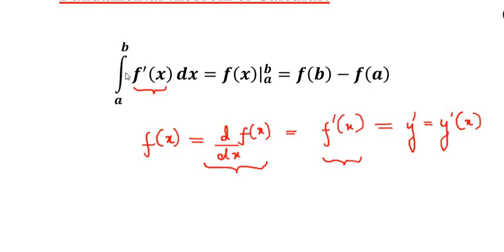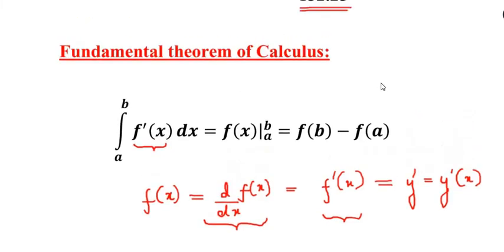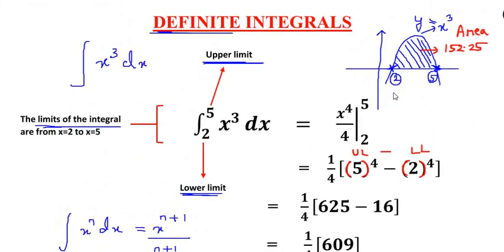So here it says that if we are integrating a differentiated function of x within the interval a to b, then we have f of b, that is the function from point b till the point a. So here we can consider this as point a and this as point b.